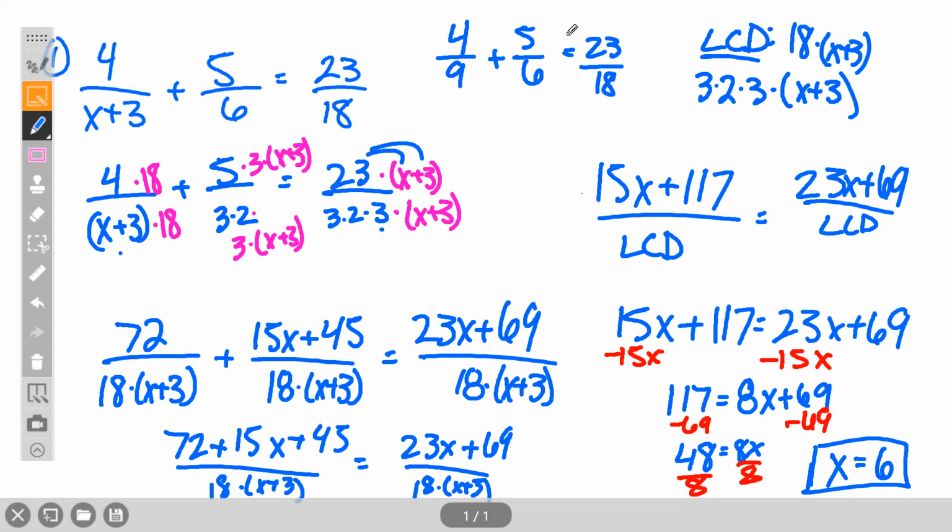You multiply this by 2 and this by 3, so you get 8 over 18 plus 15 over 18 equals 23 over 18, which is true. So our solution is x equals 6.